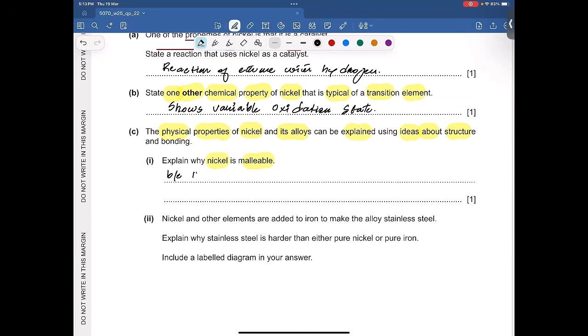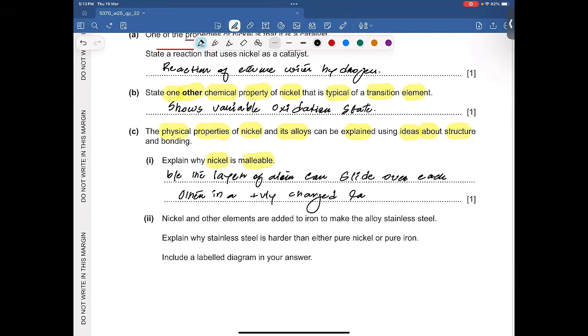Because the layers of atoms can slide over each other. In a lattice, or rather write it this way, in a positively charged lattice.